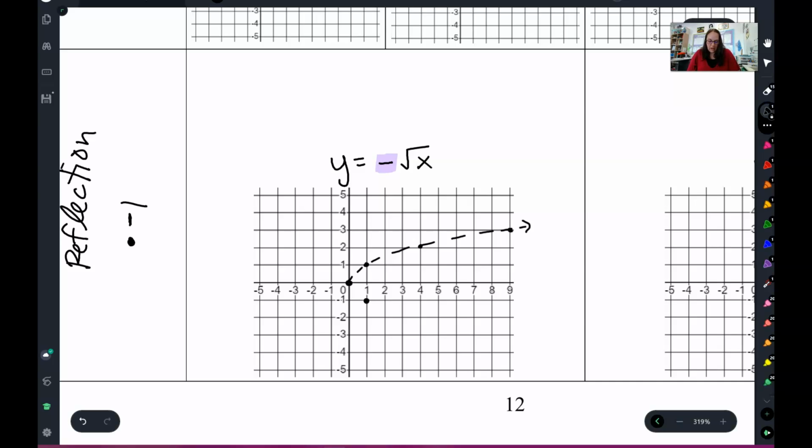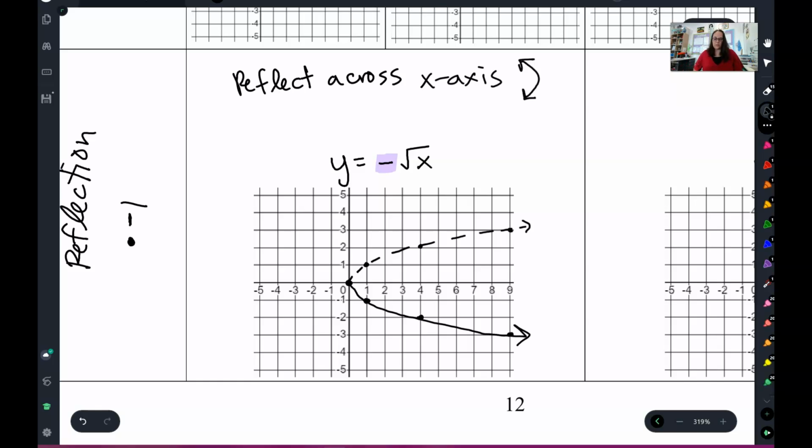So it's just going to take all of my points and reflect them across the x-axis, aka reflecting them up and down. So this, ooh, that was wonky. That will be what my new graph looks like. So this right here is the graph of y equals negative square root of x.